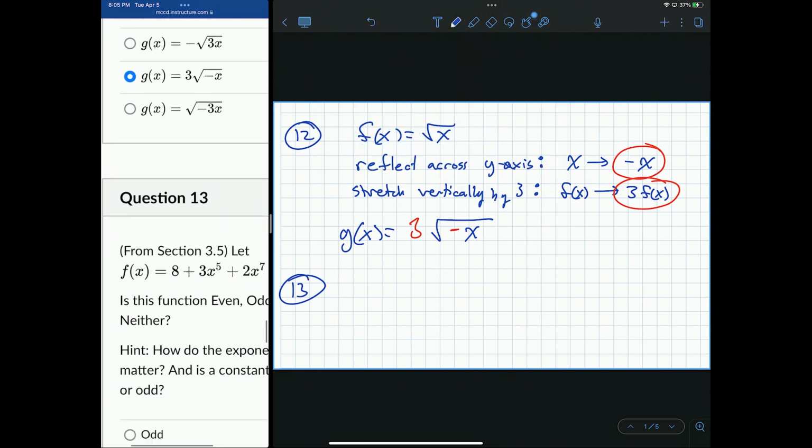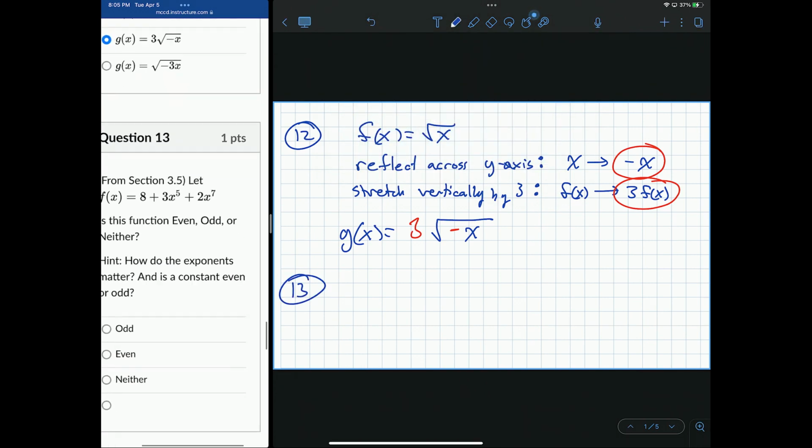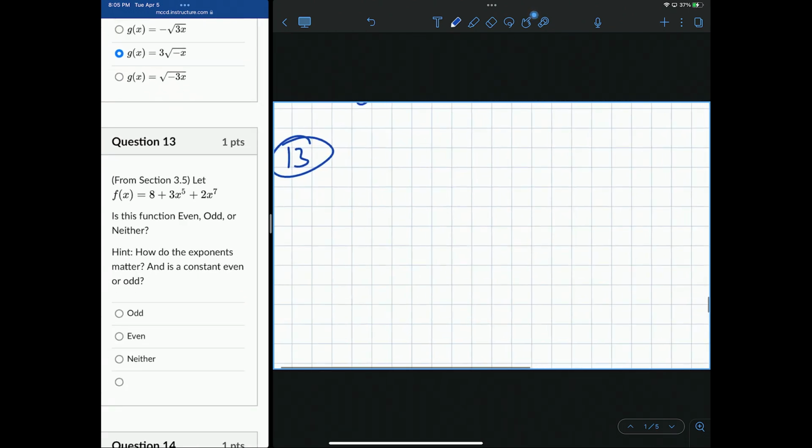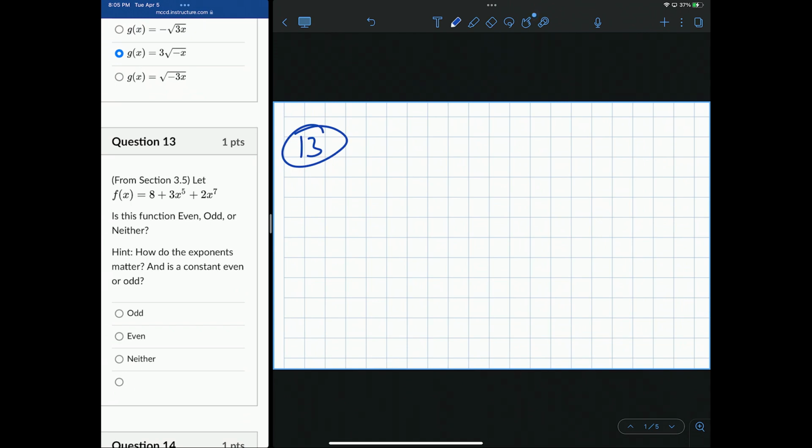Next question. Even and odd. Before we get into this, I'll just summarize the rules for you. The rules for even and odd: even powers of x are even.